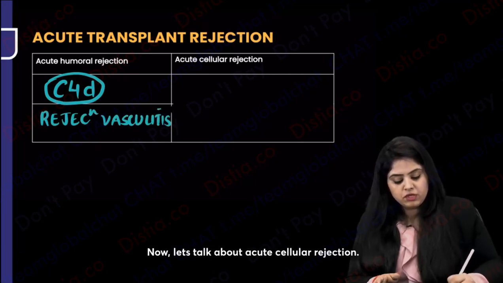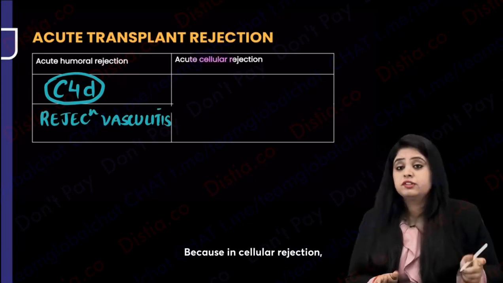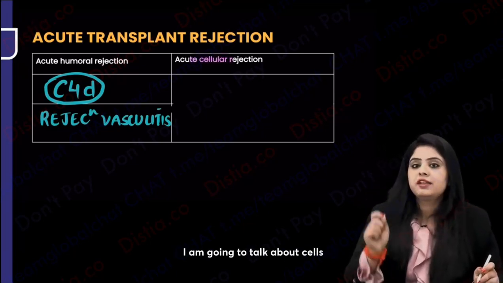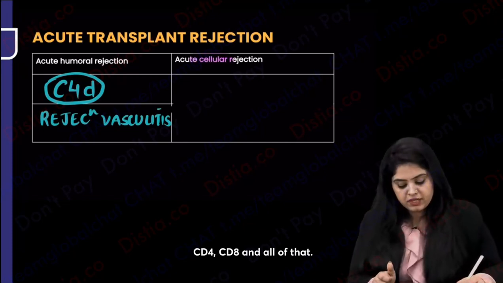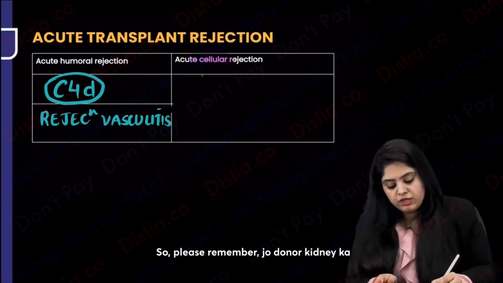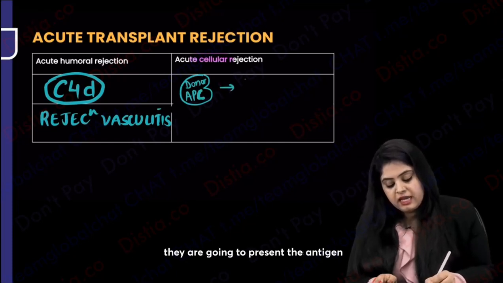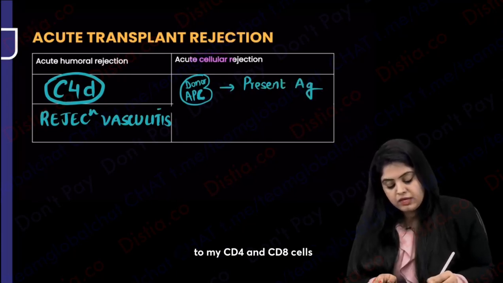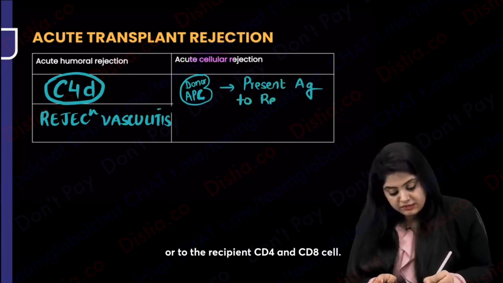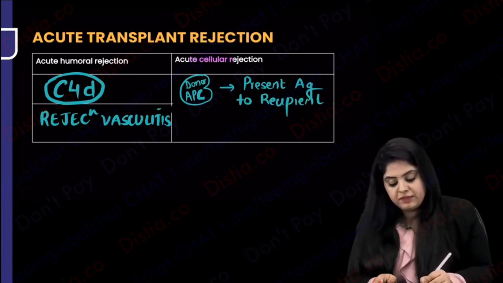Now let's talk about acute cellular rejection, because in cellular rejection, I'm going to talk about cells, CD4, CD8 and all of that. So please remember, the donor kidney's antigen presenting cells are going to present the antigen to the recipient's CD4 and CD8 cells. Simple.